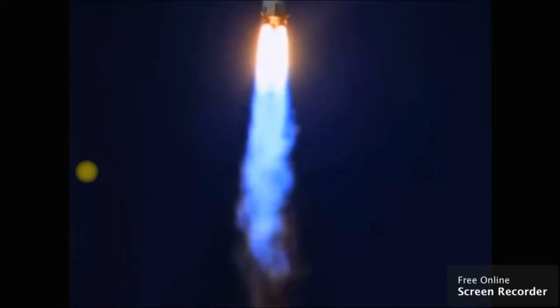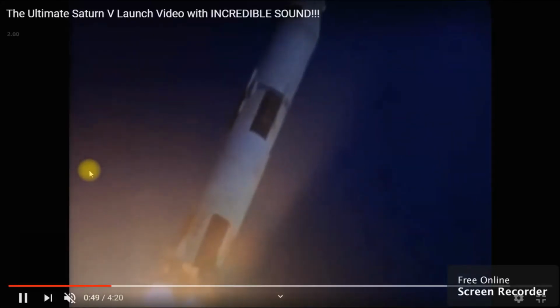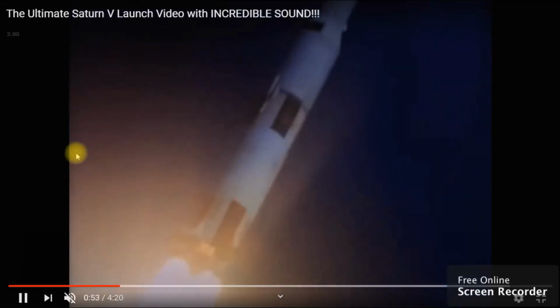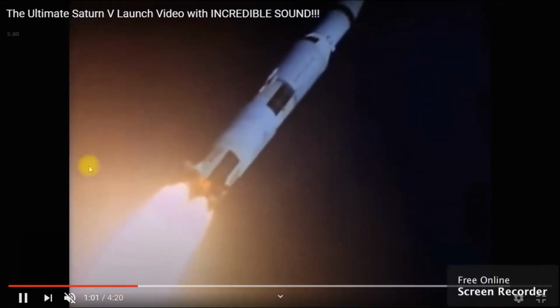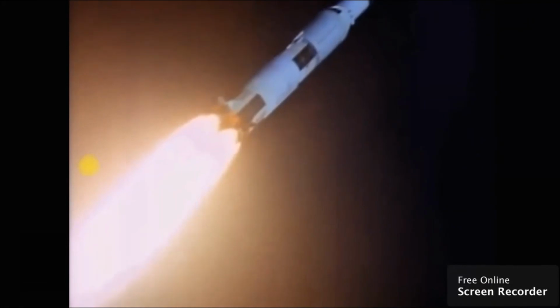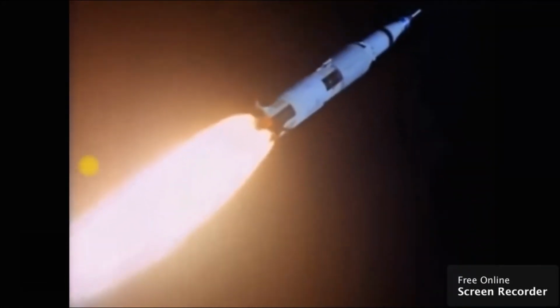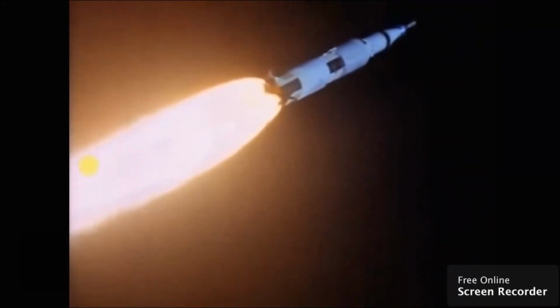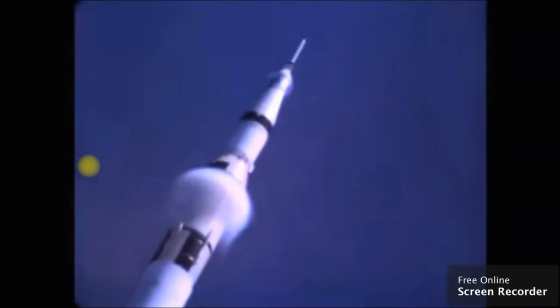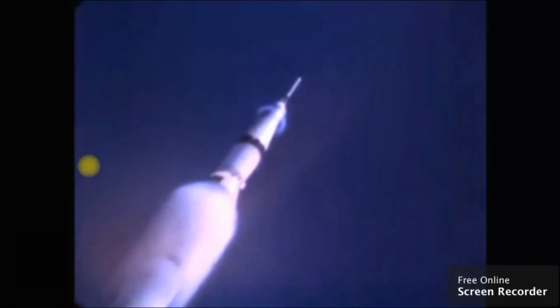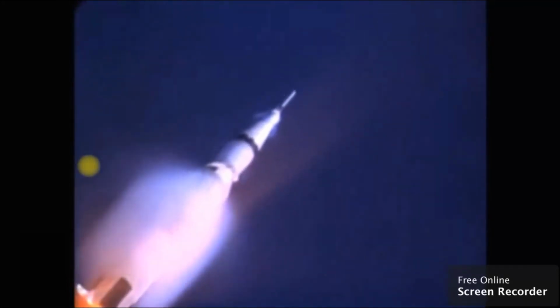They're all on the bottom of the rocket. It's a little hard to see there. Each one of those nozzles, that's the word I'm looking for, produces 7 million newtons of force. So 7 times 5 is 35 million newtons of force to lift that whole rocket up and launch it into the air. There you can see the shock wave on the nose cones.